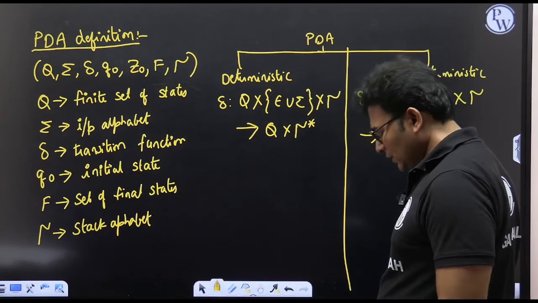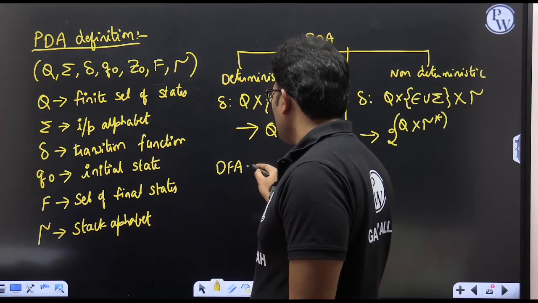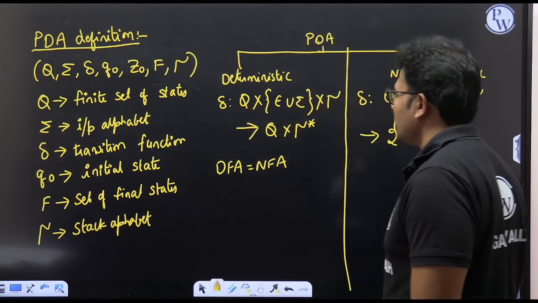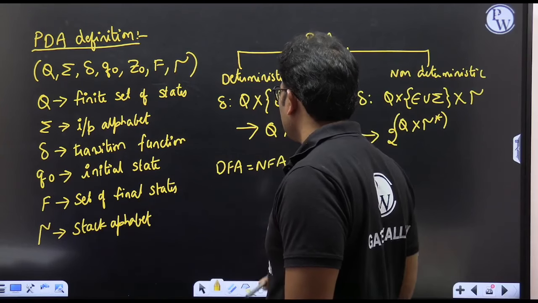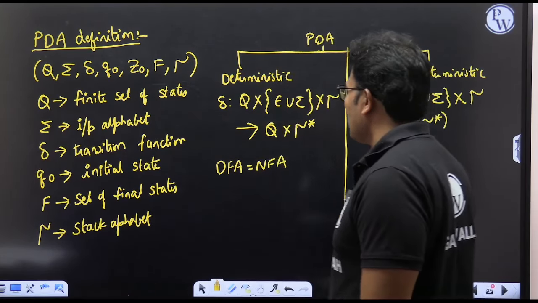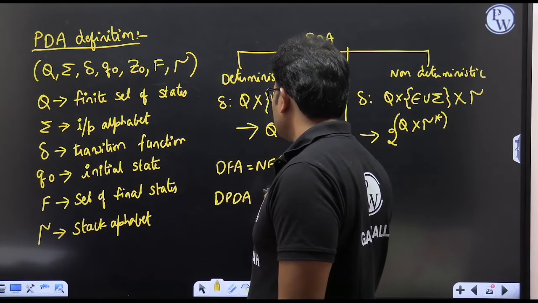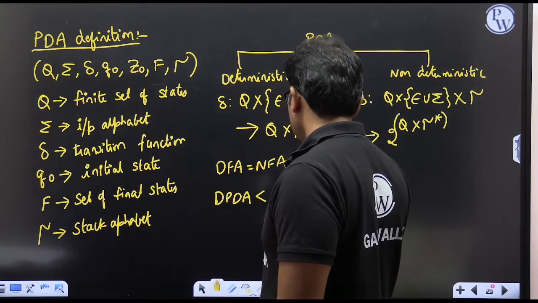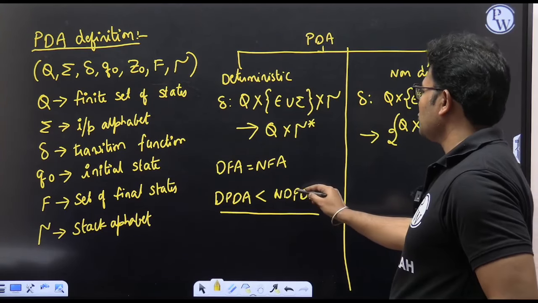One thing you have to understand is that DFA and NFA are the same in power. But coming to pushdown automata, deterministic pushdown automata is less in power compared to non-deterministic pushdown automata.